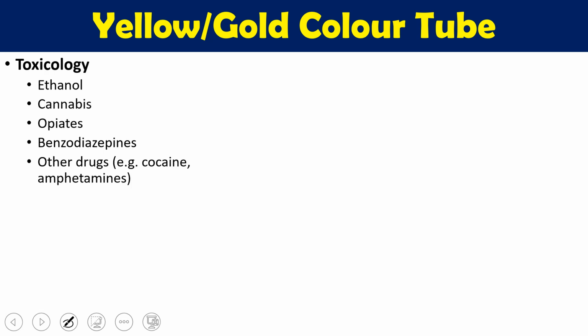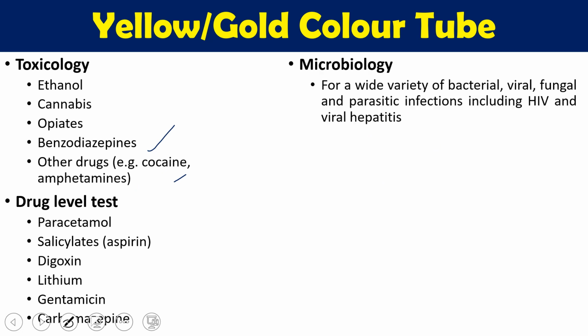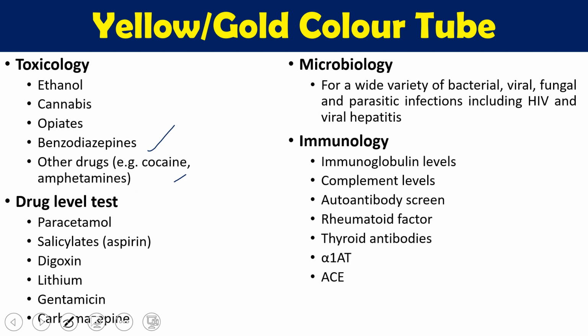Then when we are talking about toxicology, many different toxins, many different chemicals can be evaluated by using this test, like ethanol, cannabis, opiates, benzodiazepines, some of the drugs. Then some drug concentrations can also be evaluated by these serum samples, like paracetamol, aspirin, digitoxin, lithium. In case of microbiology, for viral, bacterial, fungal, or parasitic infections, especially HIV and viral hepatitis, there we can use it.